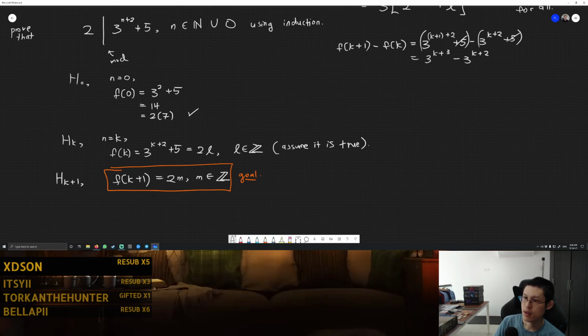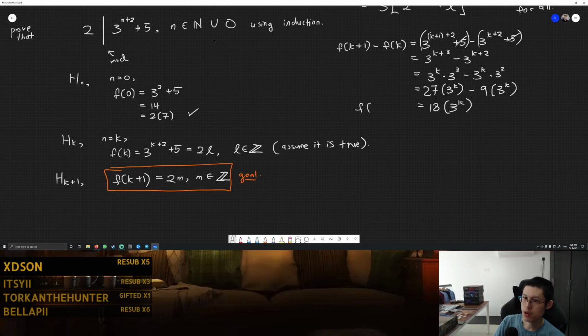And then we're going to split out the powers. So we have 3 to the power 3 here, and 3 to the power 2 here. So essentially we have 9 times 3 to the power of k, minus, oh sorry, not 9, it's 27. 27, and then this one is 9 times 3 to the power of k. So 27 minus 9 is 18.